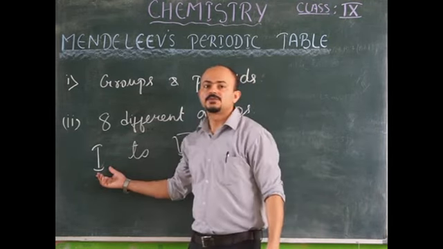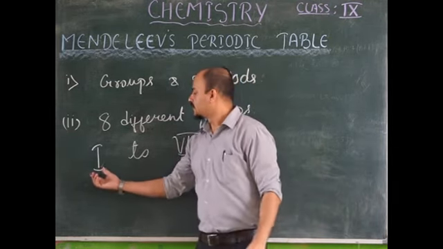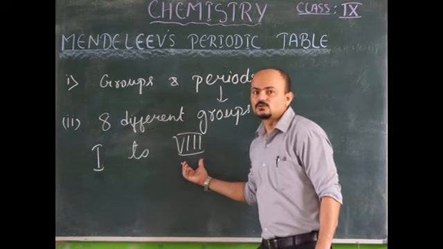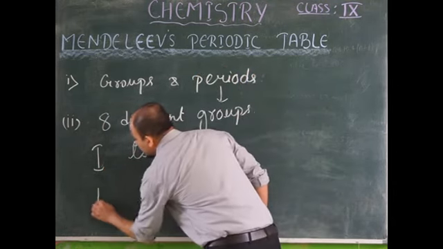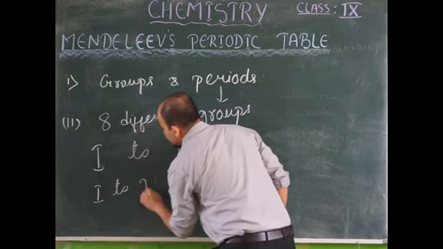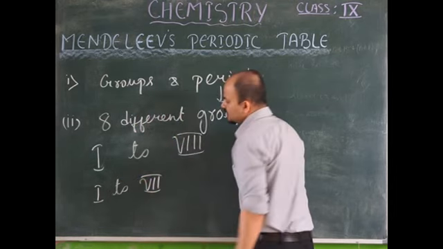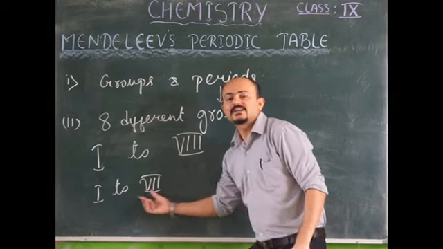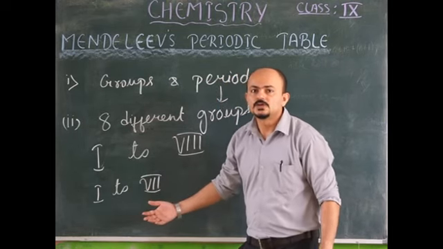So Mendeleev's periodic table consists of how many groups? In total, 8 groups.